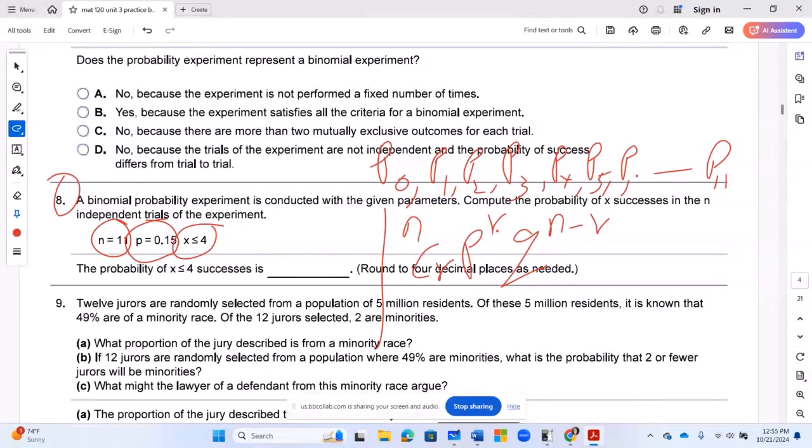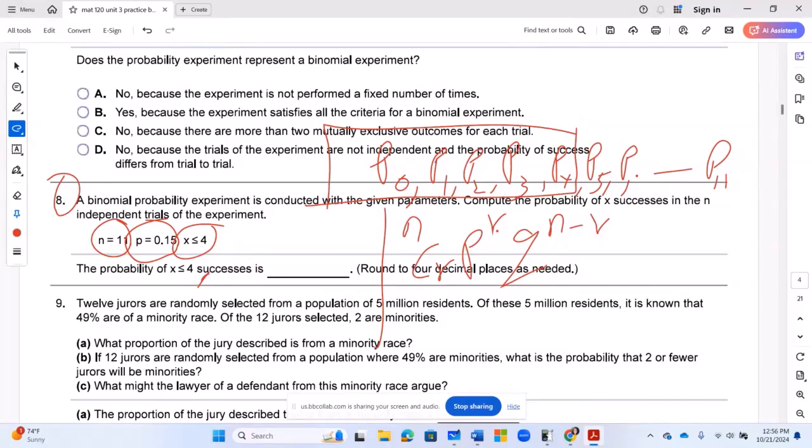And so what you're going to do is put in what you know. I know that n is 11. This particular question says less than or equal to 4, so I'm accumulating from P4 down, because this is less than.